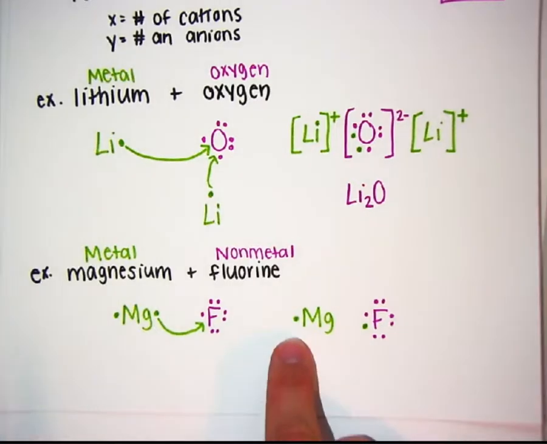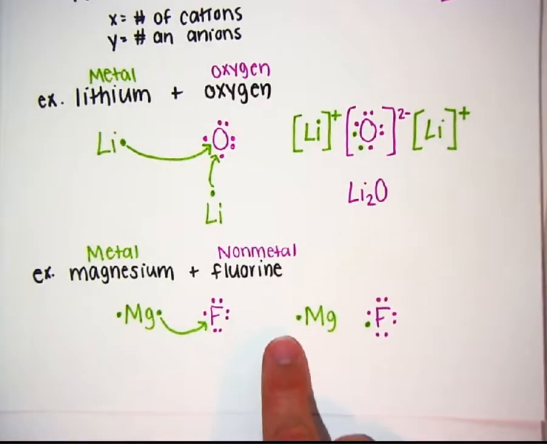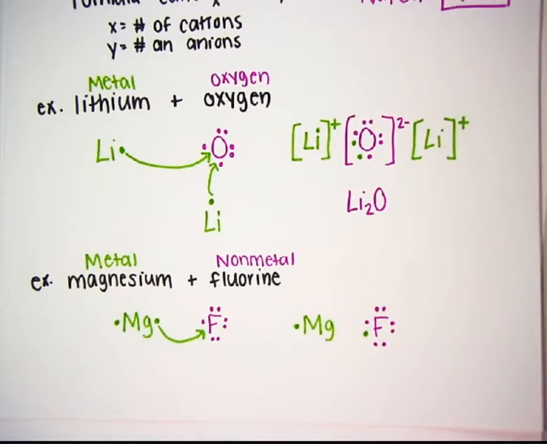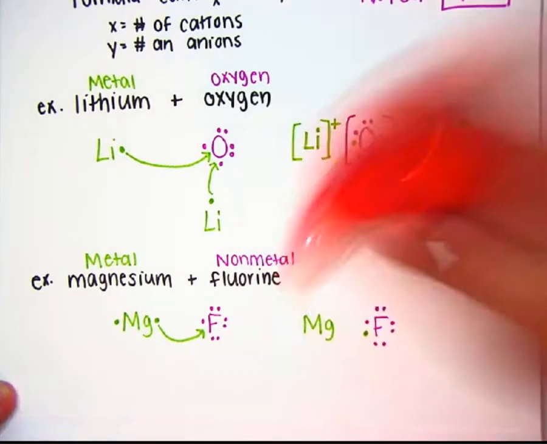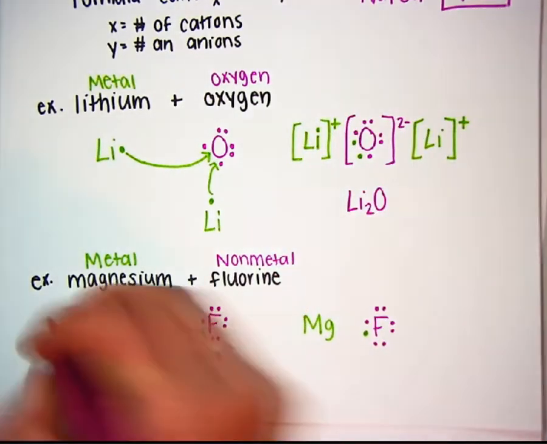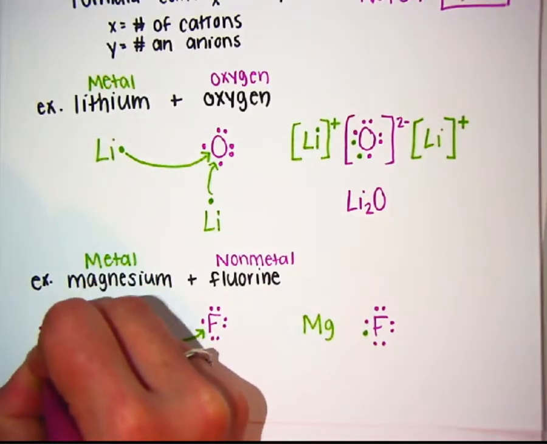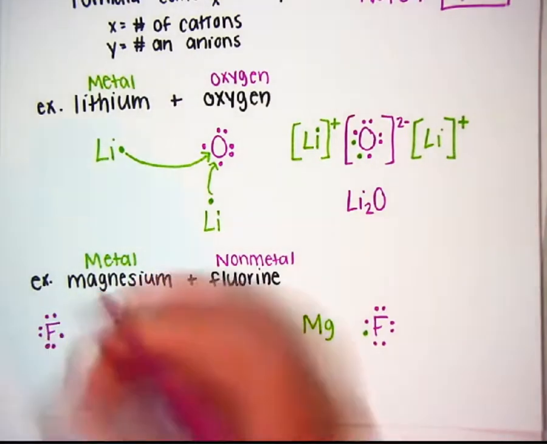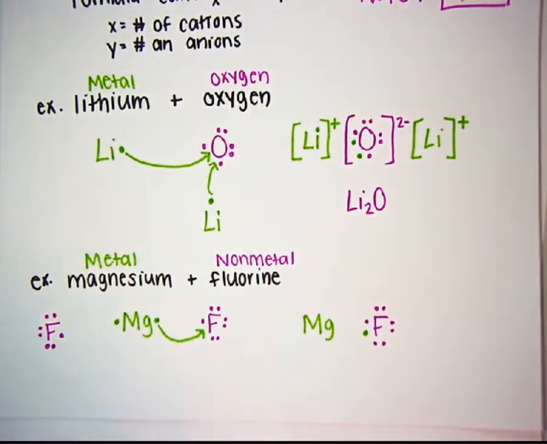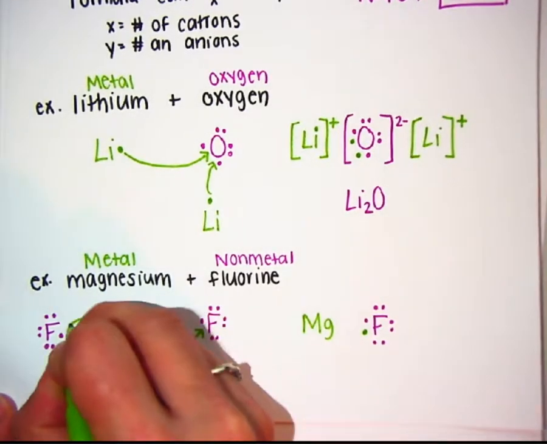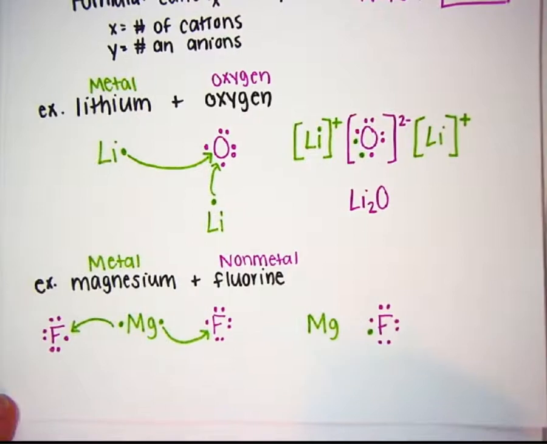But remember, the cation should have 0. Magnesium is going to want to lose that other electron. So how can magnesium lose its other electron? Well, I could add another fluorine. Again, the arrow always points from the metal to the nonmetal.